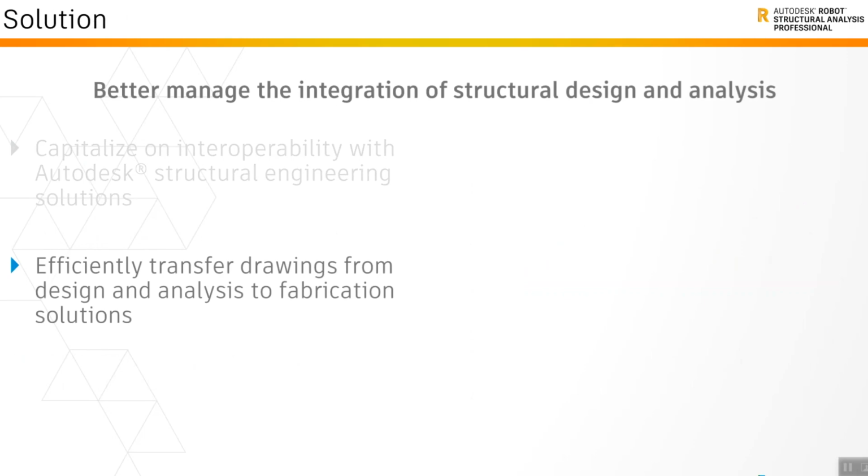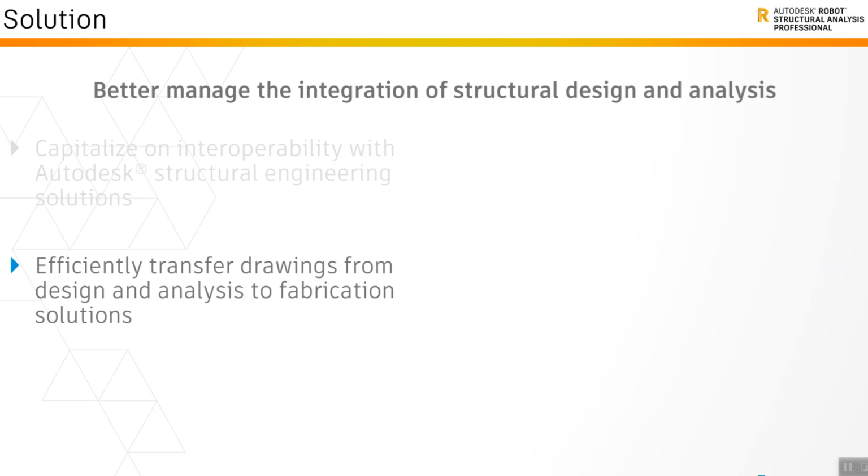Then the next thing will be capitalizing on interoperability. How are we going to get rid of these workflow problems, and how are we going to make the workflow good? Here in our software we have many structural engineering solutions.